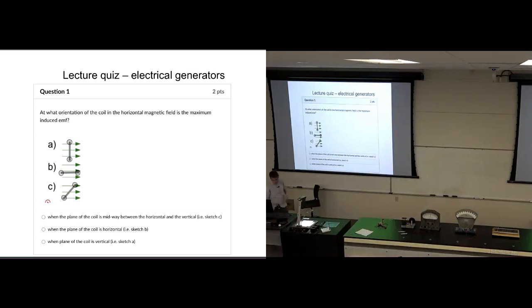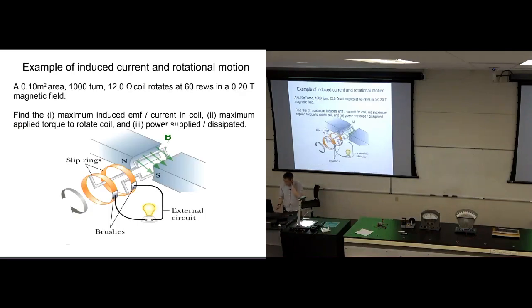Okay, I'm going to end on a numerical example for the rotational generator. In this particular problem, if we just read through it, I've got a loop of wire. We're told its area, 0.1 meters squared. We're told the number of turns, 1,000 turns.